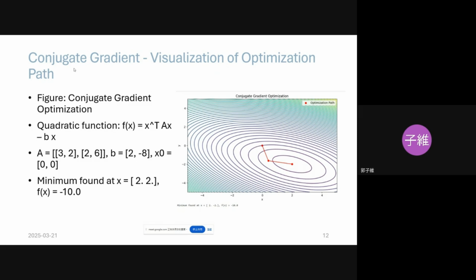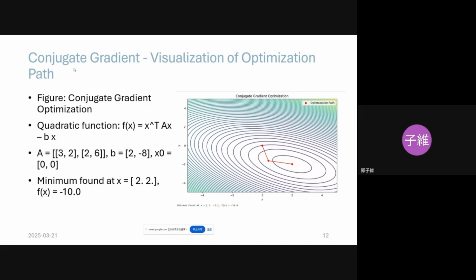We need to optimize the function, but this time in matrix form, Ax equals b. Now, in matrix form, the quadratic function is not written as x squared.